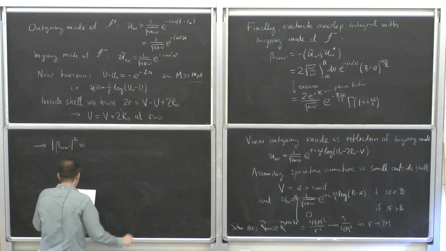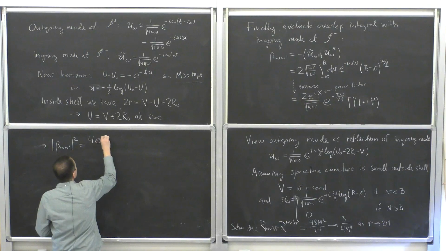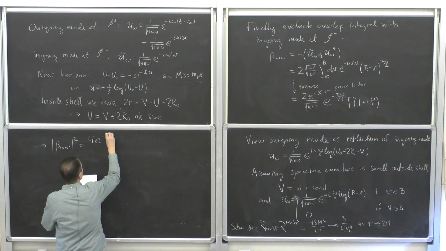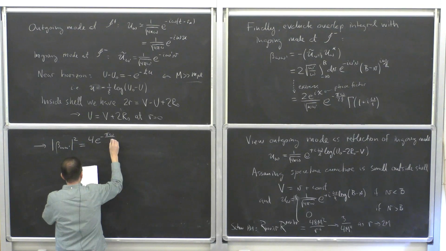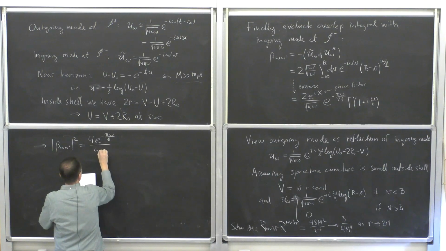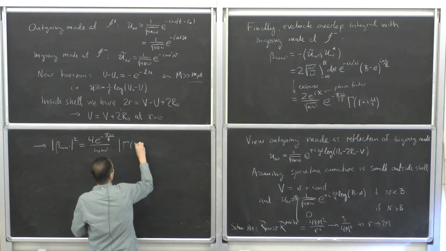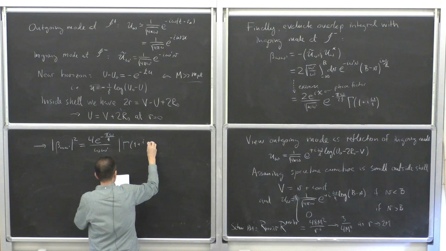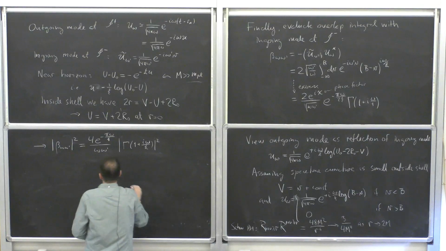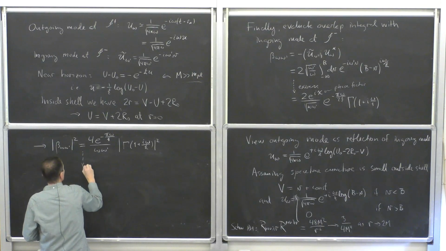This is therefore going to be 4 e to the minus pi omega over c, divided by omega omega prime, and then i omega over c, all squared. And then there's another exercise for you.